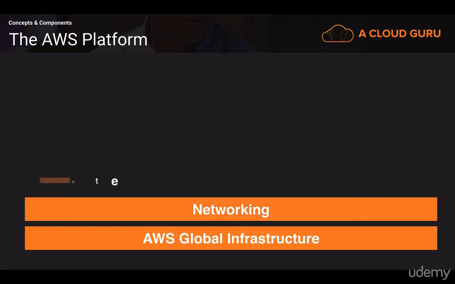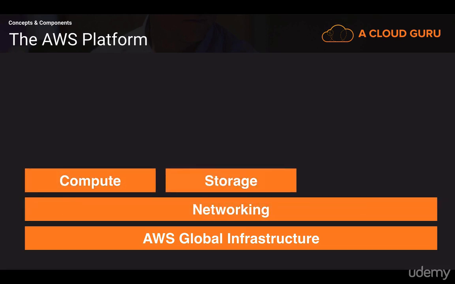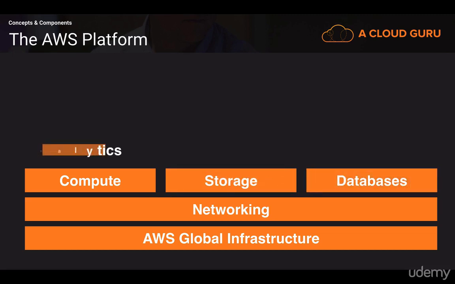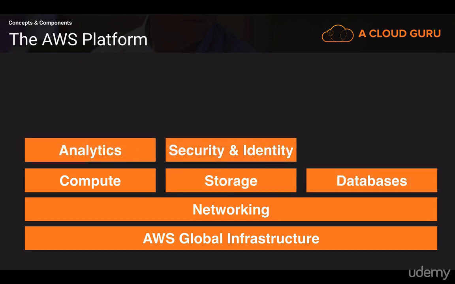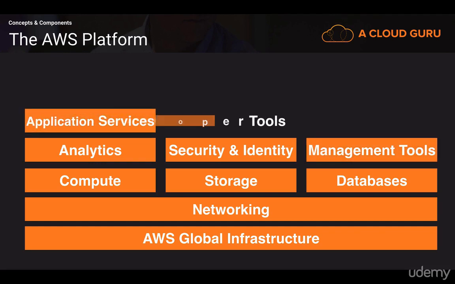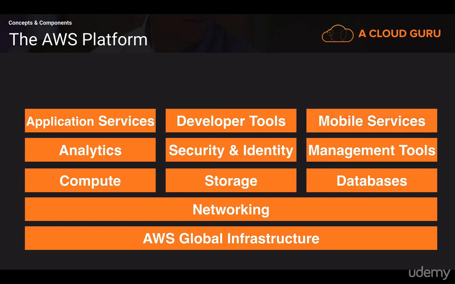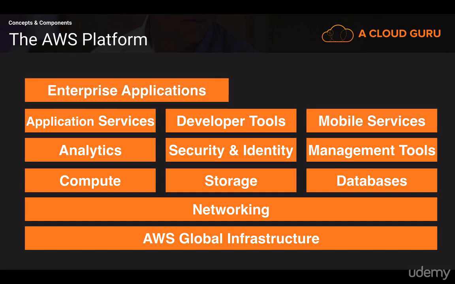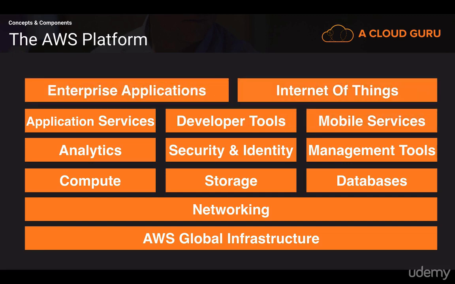We've got networking, compute, storage, databases, analytics, security and identity, management tools, application services, developer tools, mobile services, enterprise applications, and the newest service, Internet of Things, which is referred to as IoT. When you actually log into the AWS Management Console, you'll see individual icons under each of these services, and we'll look at that in one of the next lectures.